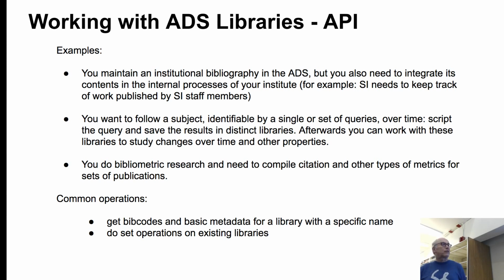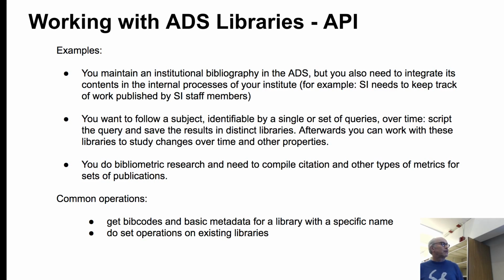So you can create a script and a set of queries that generate exactly the type of results that you're interested in, and generate libraries for a certain time period with publications, and then you study those data sets, and you can look for changes in topics. So that's a great way of using the API.